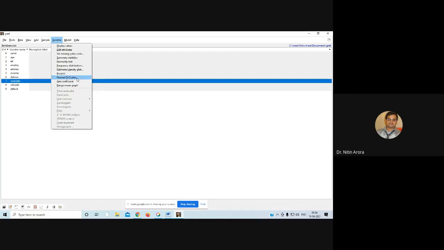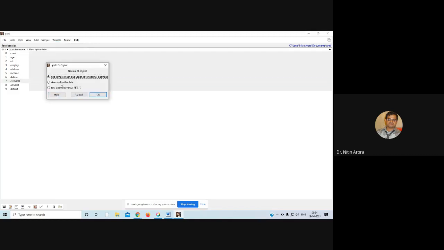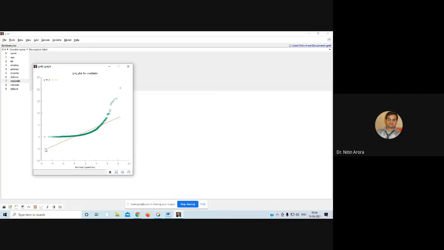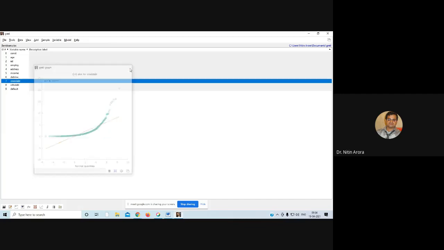This normal QQ plot can be constructed for any variable. This green line must converge to this line of normality. More deviation from this line means non-normality does exist.